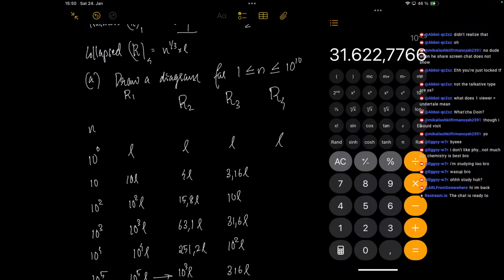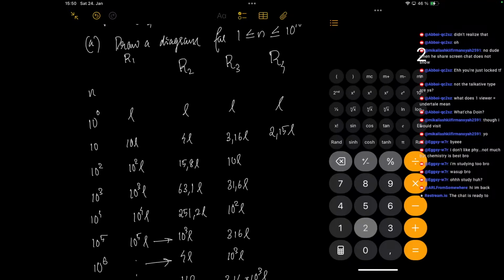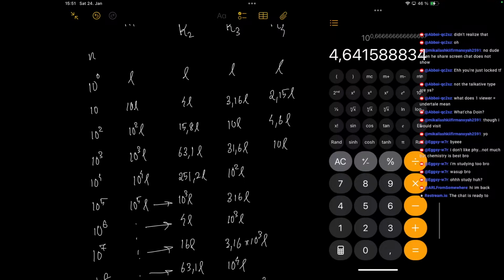Come on. 1 by 3, 10 by 3. 2 point. 10L. 21.5 to 5 by 3 of 46 point.